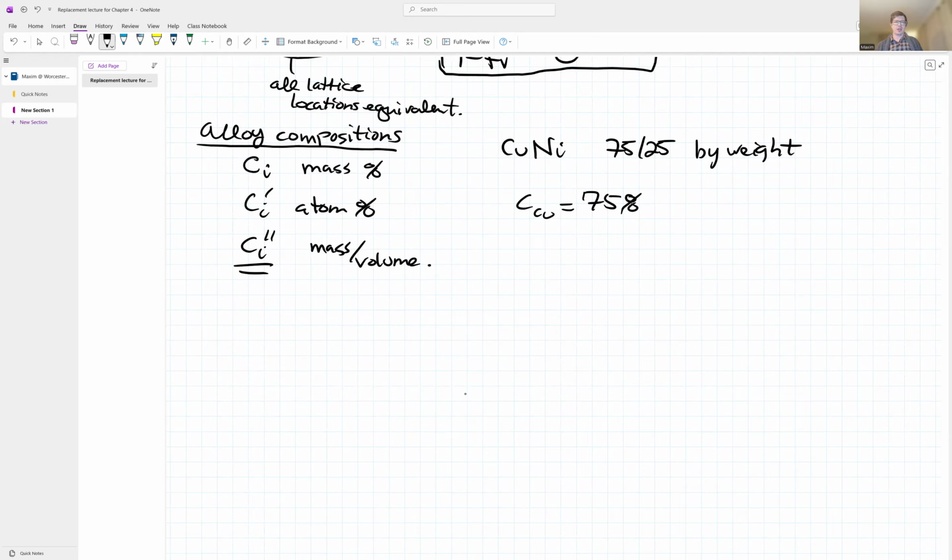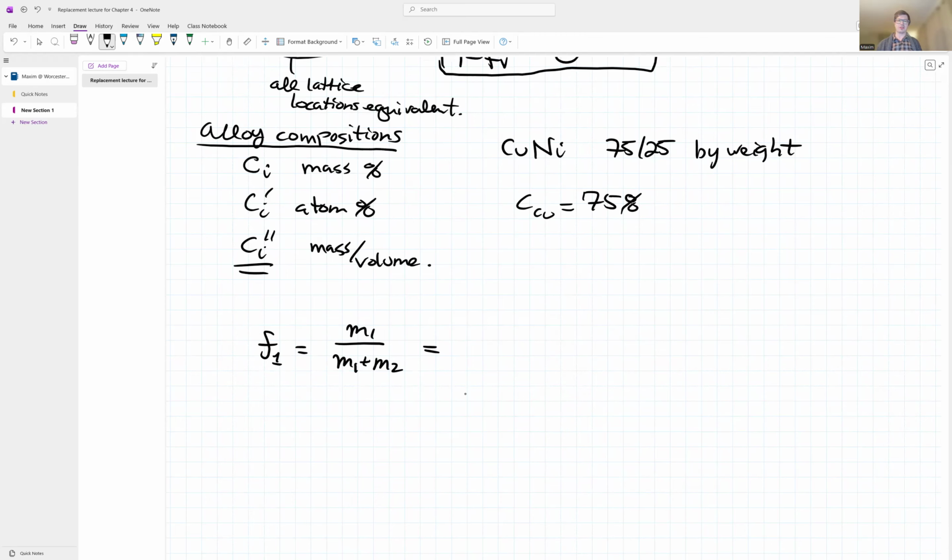So what do you do? If you have, say, the fraction of some component one in terms of the weight, that means you have the mass of component one over the sum of the components. Let's say there are just two, like copper and nickel. How do you get the number of atoms?